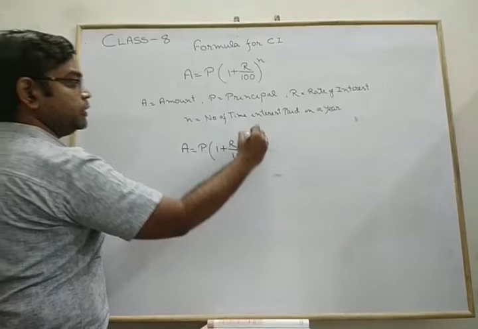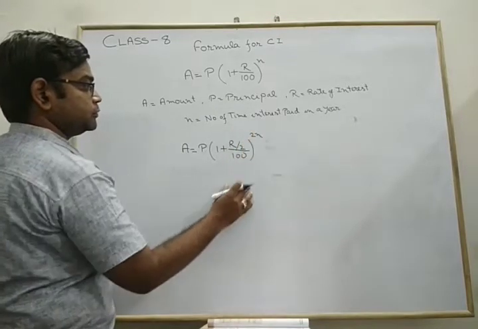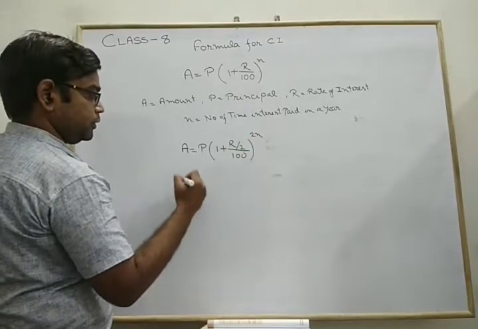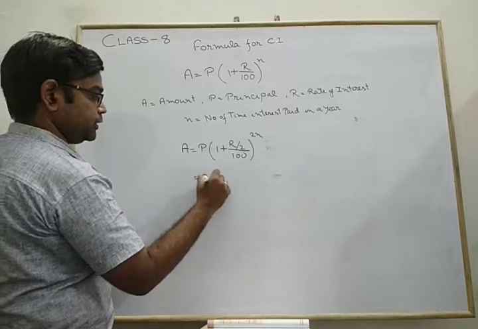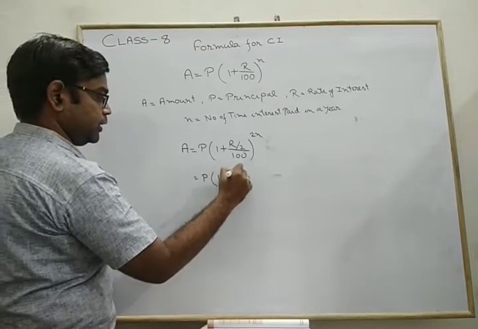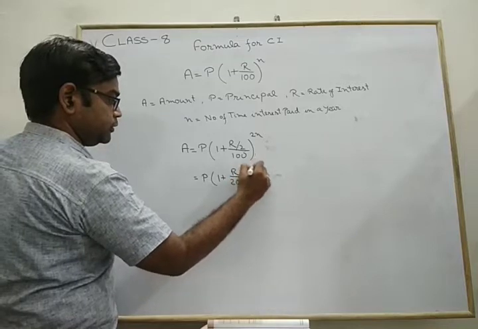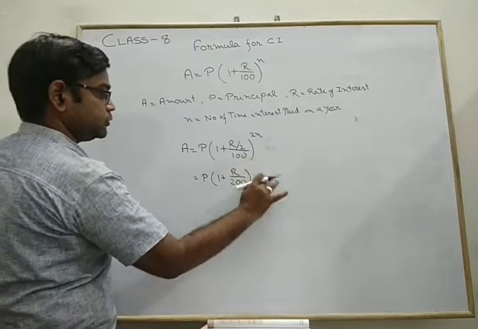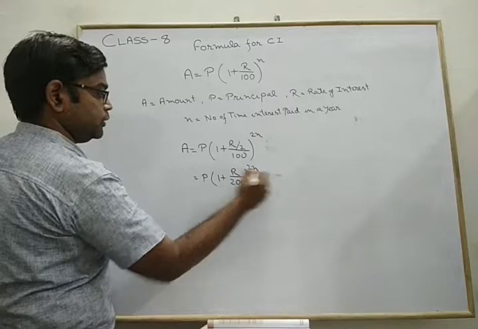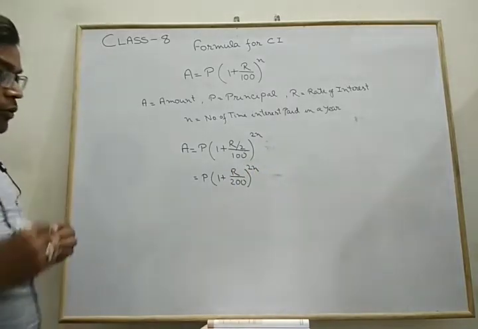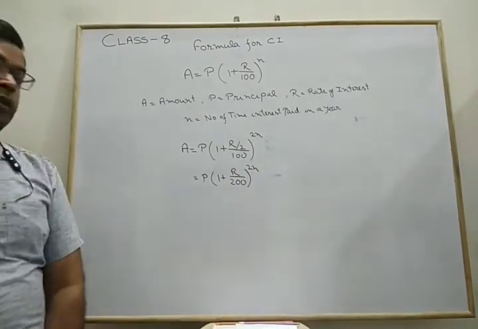There are 2 times, means 2n. So we can write 1 plus R upon 200 whole to the power 2, and this is for your biannually.